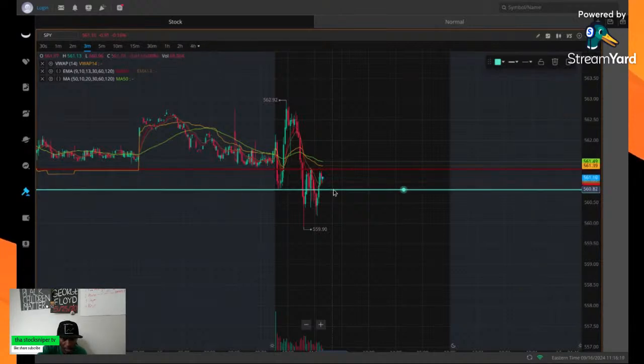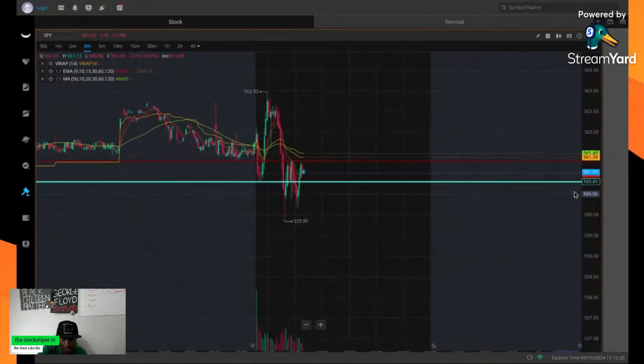This right here is small support too. That's small support. But support and resistance changes throughout the day.